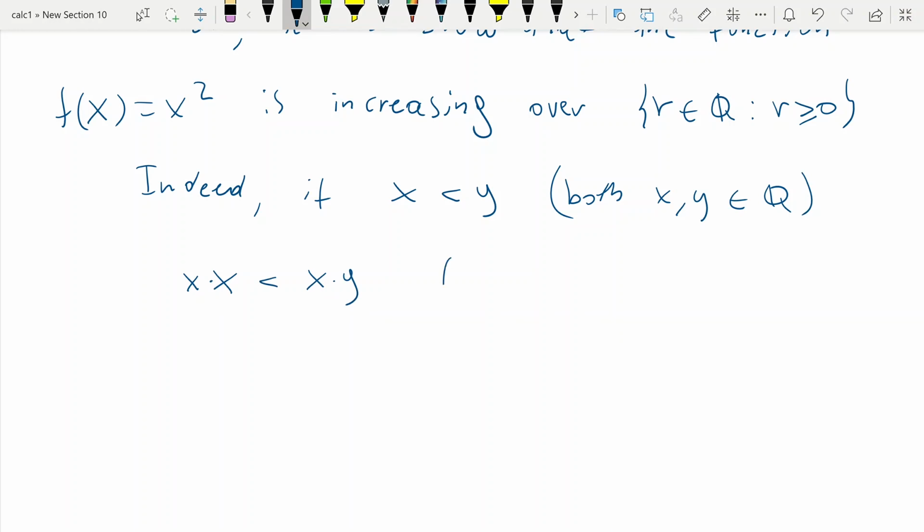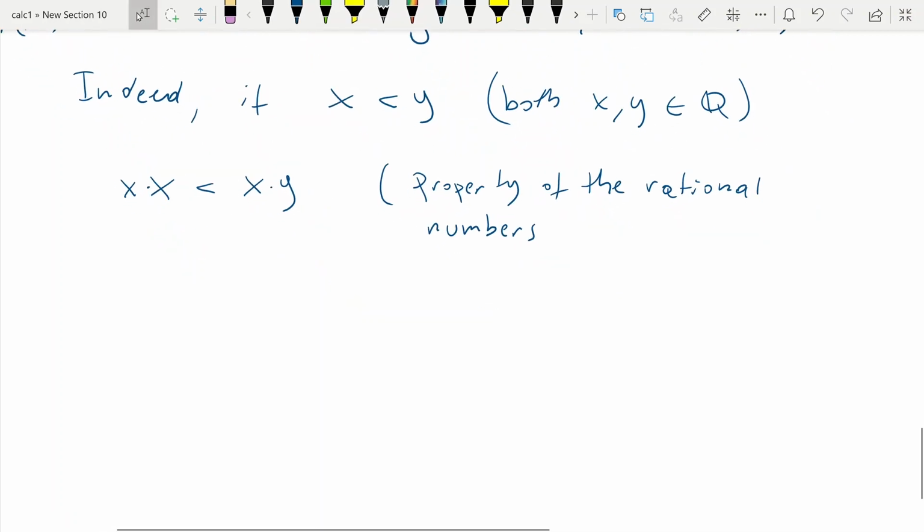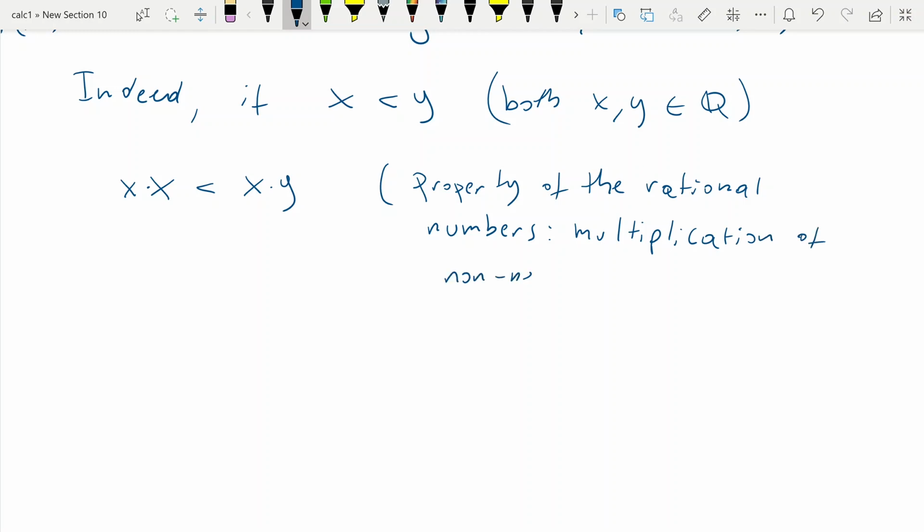This is a property of the rational numbers, and if you multiply two non-negative numbers, the product is non-negative.